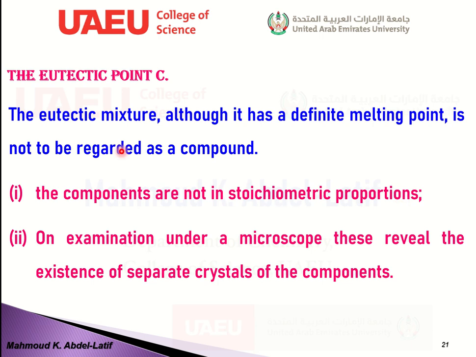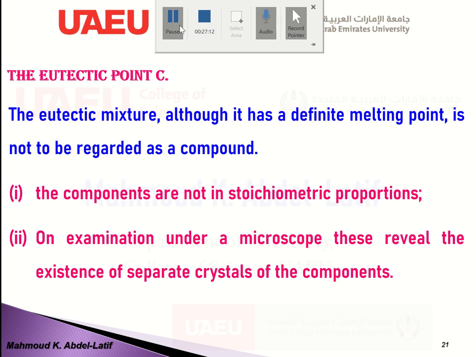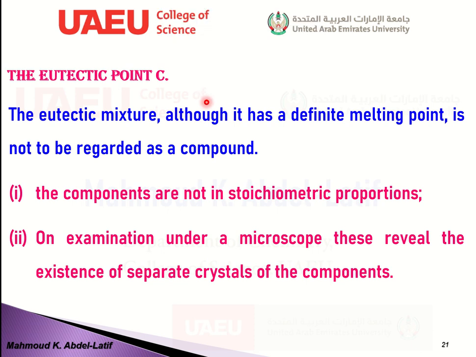So the eutectic point C, the eutectic mixture, although it has a definite melting point, is not to be regarded as a compound. It's three phases: solid A, solid B, and solution of both.